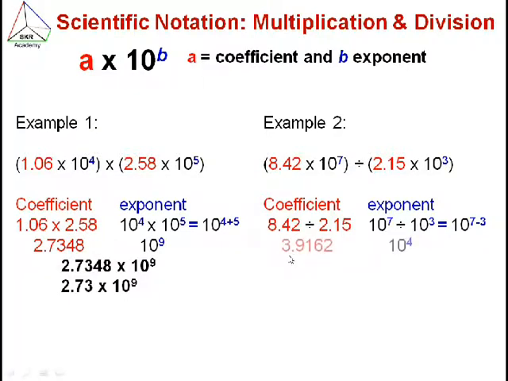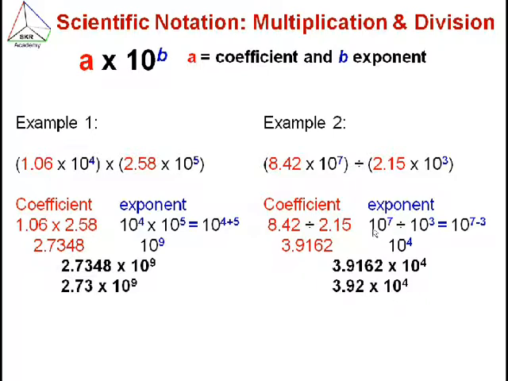So the answer will be 3.9162 when we divide 8.42 by 2.15, and the powers are subtracted, 7 minus 3, so we get 10 raised to the power 4. So the answer will be 3.9162 times 10 raised to the power 4, and according to significant figures we write 3.92 times 10 raised to the power 4.